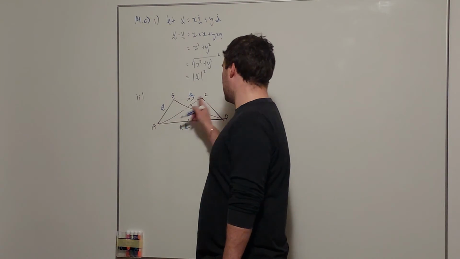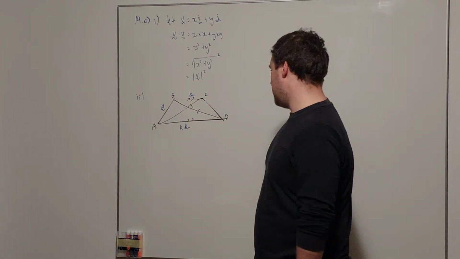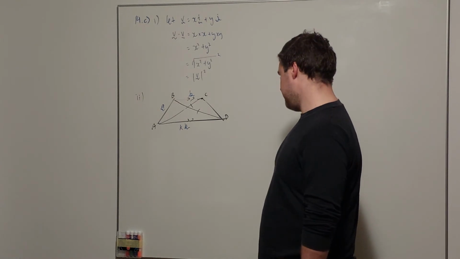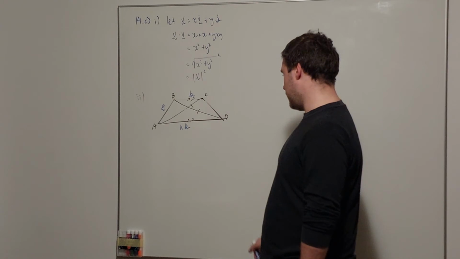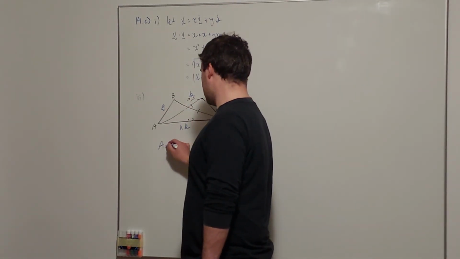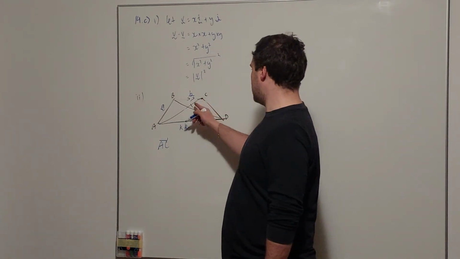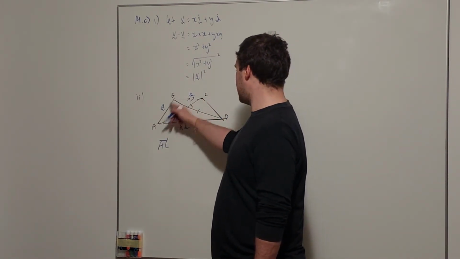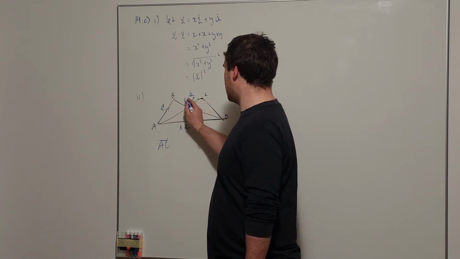The fact that we've got these two being equal probably means we're going to have to involve them somehow. So we've got that vector AC equals a plus b. I think a and b were in this direction.